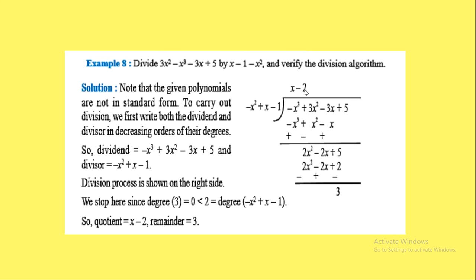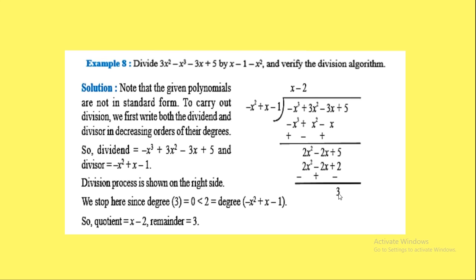We get minus 2 into minus x square is 2x square, minus 2 into x is minus 2x, and minus 2 into minus 1 is 2. Subtracting this polynomial, we get 2x square minus 2x square is 0, minus 2x minus minus 2x is minus 2x plus 2x, that is also 0, and 5 minus 2 is equal to 3.